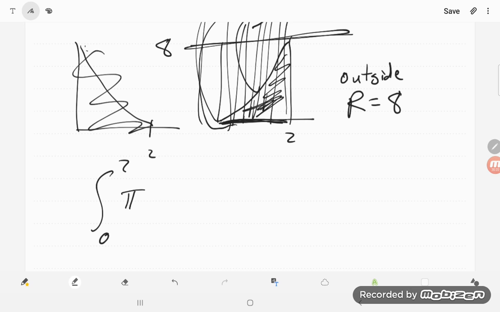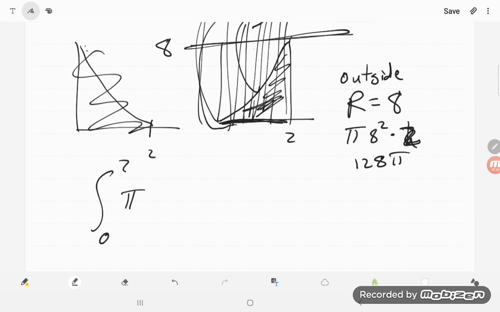So the outside is pi times 8 squared, and then times our height of 2 in that case. And so that's 128 pi for the outside.